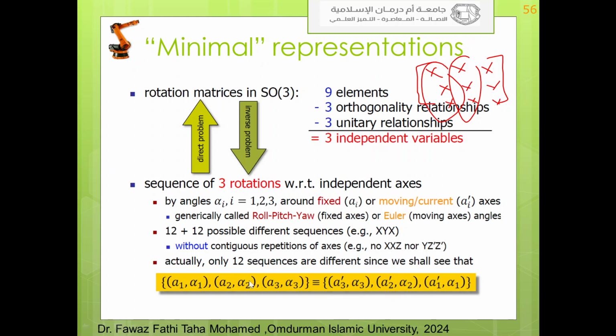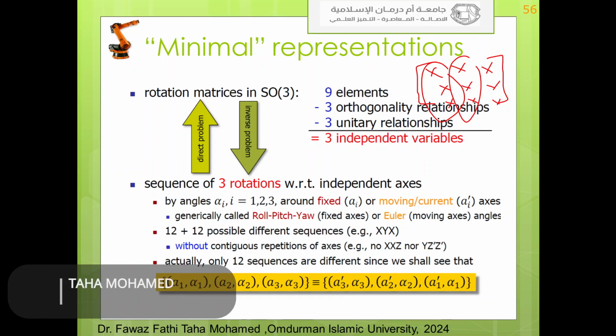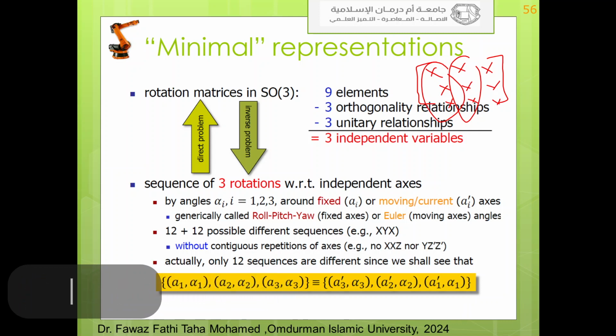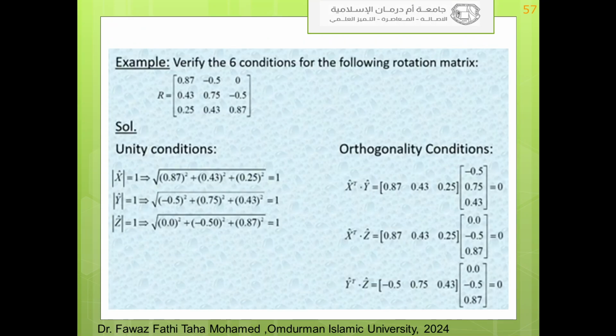We will see this later on. So we have 12 sequences that are unique. We have 12 unique formulas.